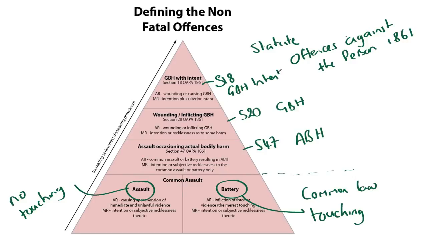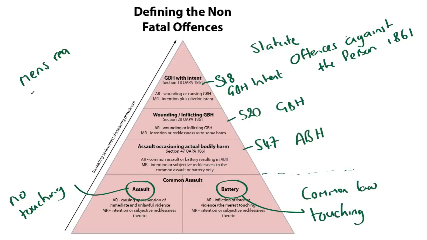And that will already start to tell you the key things that divide and define each of our 5 offences. The first is that all 5 offences are defined by their level of mens rea. There is a different mens rea for each of these offences. As you can see with section 18, it has to be the intent to commit grievous bodily harm.